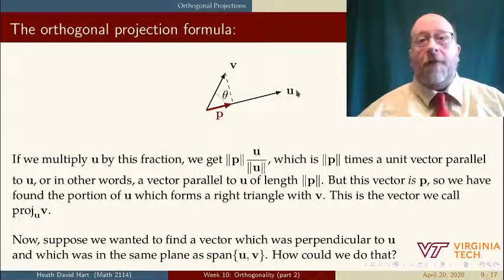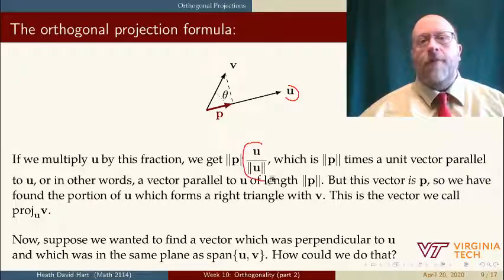If we multiply the vector u by this fraction, then we get the magnitude of p over the magnitude of u times the vector u. But this is a unit vector times the magnitude of p. Dividing u by its magnitude scales this vector down to a length of 1.